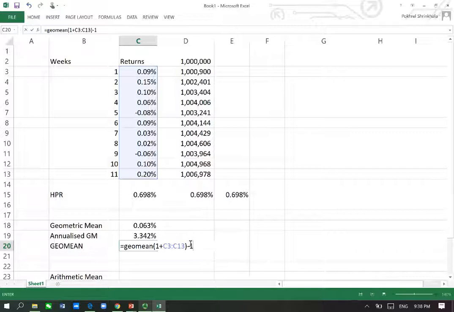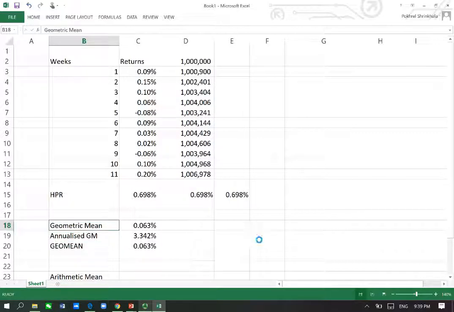Simply -1. Okay, and that gives you the geometric mean, which is, again, if I decrease the decimal places, same. Okay, now what I would like to say at this point in time is we found the geometric mean. Okay, but again, I'm trying to show you different ways of getting the same answer.